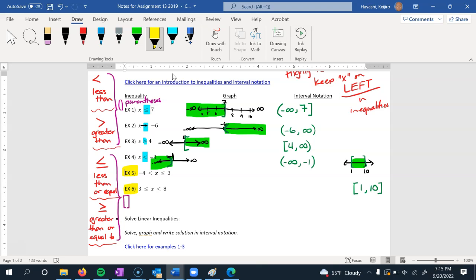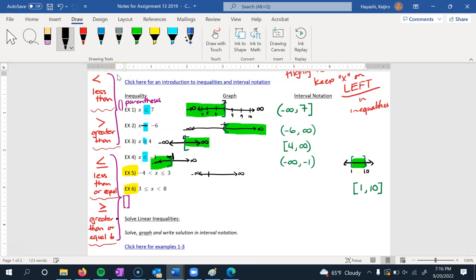-4 is less than x, and x is less than or equal to 3. In other words, x is in between -4 and 3. So let's start with our number line. Negative infinity on the left, infinity on the right.